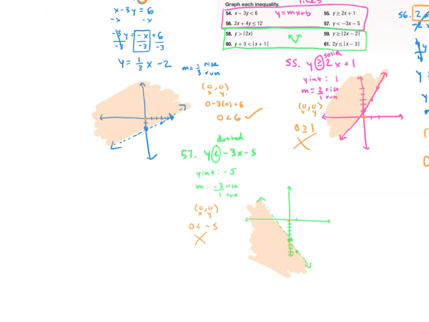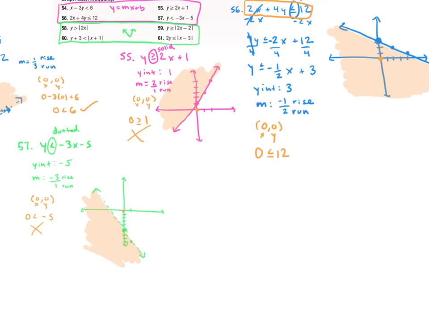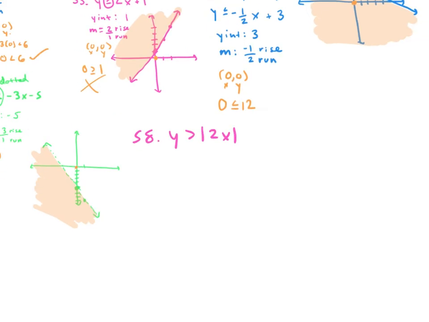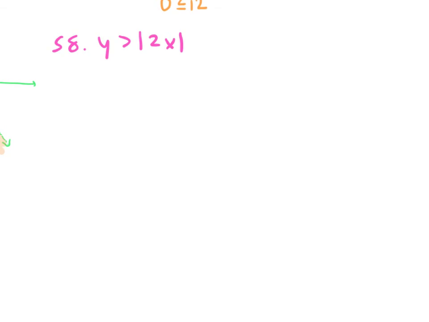All right, let's do our absolute value ones now. So looking at 58. So we have y is greater than the absolute value of 2x. What's the first thing we have to do for absolute value graphs?